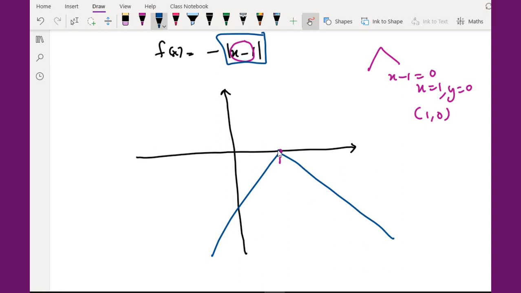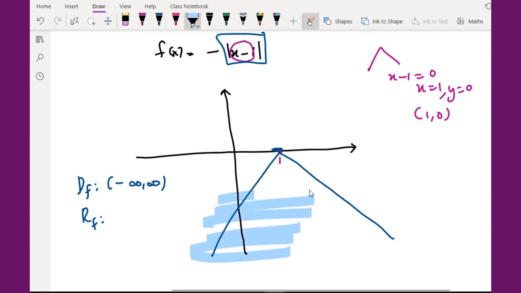It has the middle point as the maximum. So the domain of f is all real numbers. Then the range of f is starting from bottom here, negative infinity up to 0. Okay, from negative infinity up to 0 included.